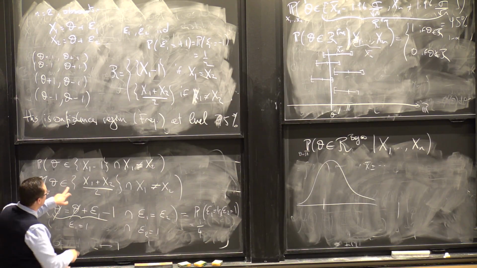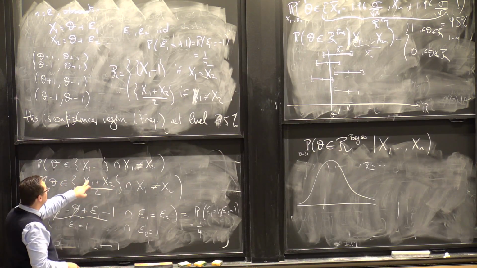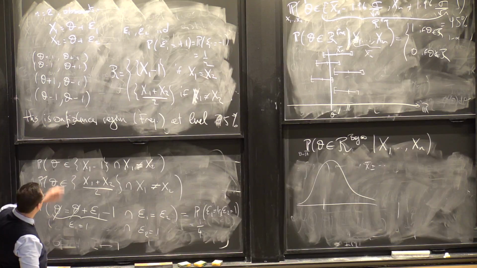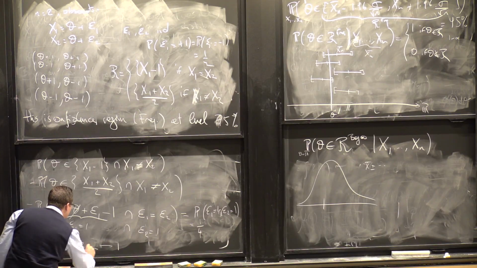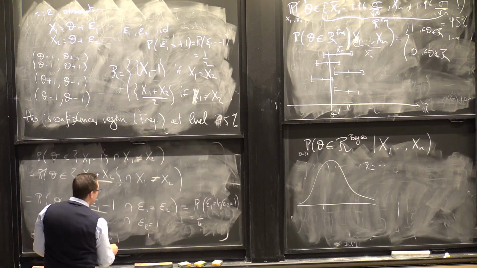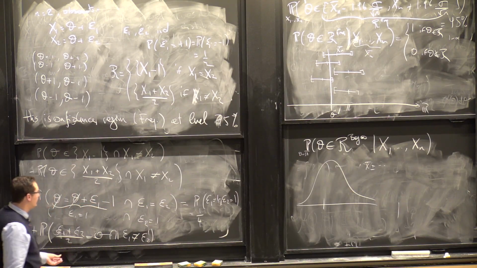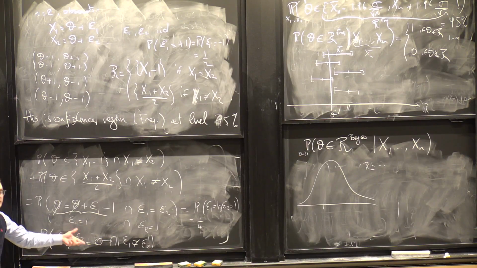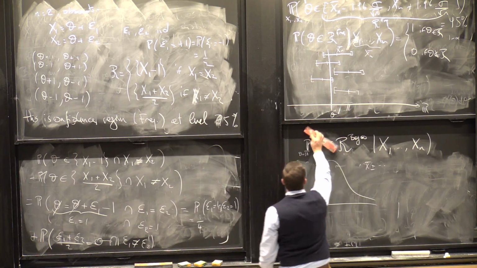Now I still need to do the second one. So this case is what? Well, when those things are different, x1 plus x2 over 2 is what? Well, I get theta plus epsilon 1 plus epsilon 2 over 2. So that's just equal to the probability that epsilon 1 plus epsilon 2 over 2 is equal to 0, and epsilon 1 is different from epsilon 2. Agreed? I just removed the thetas from these equations because they're just on both sides every time.